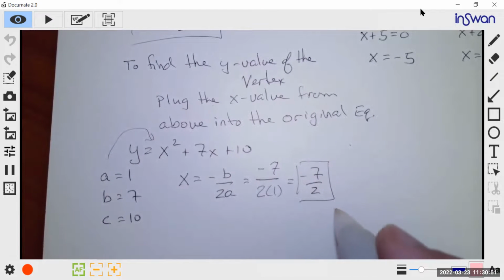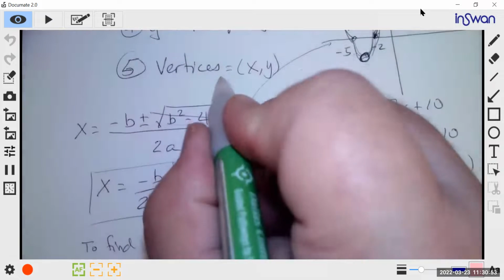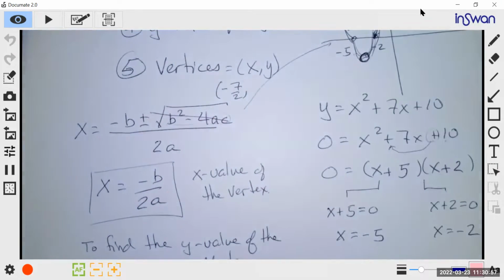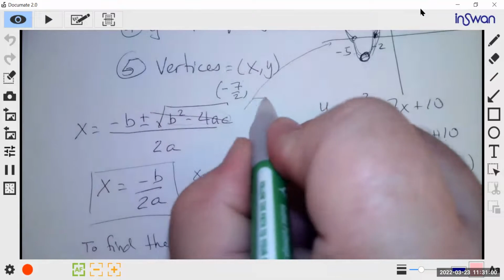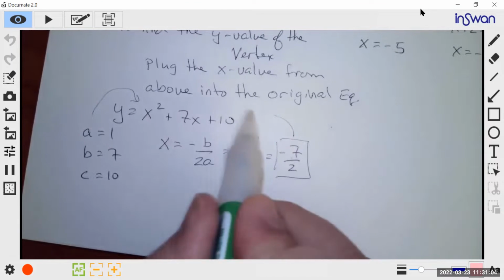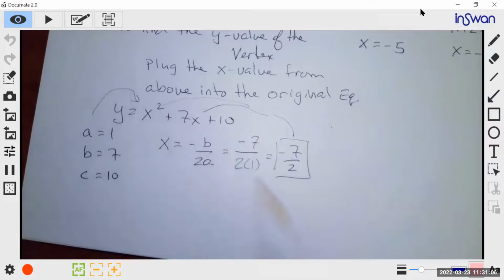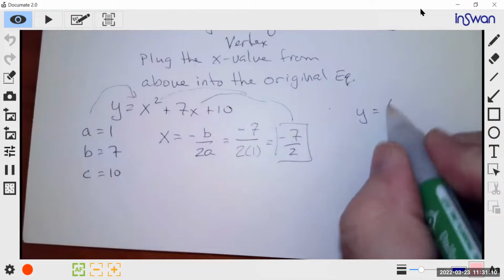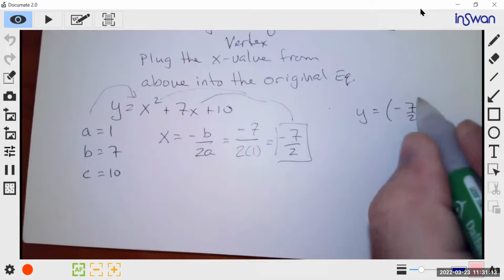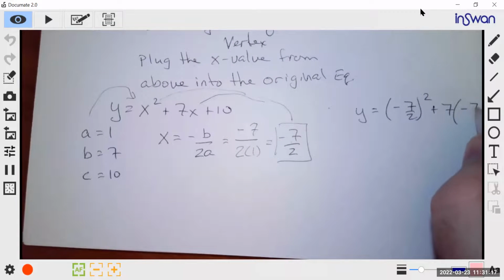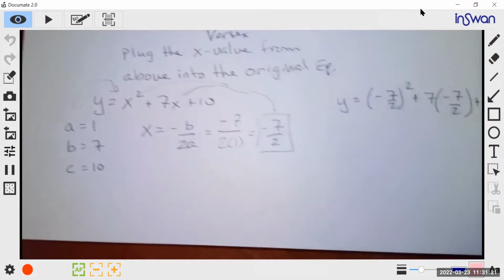That's the x component of the vertex. Now to find the y value, take this x value and plug it in place of x in the original equation: negative 7 over 2 squared, minus 7 times negative 7 over 2, plus 10.